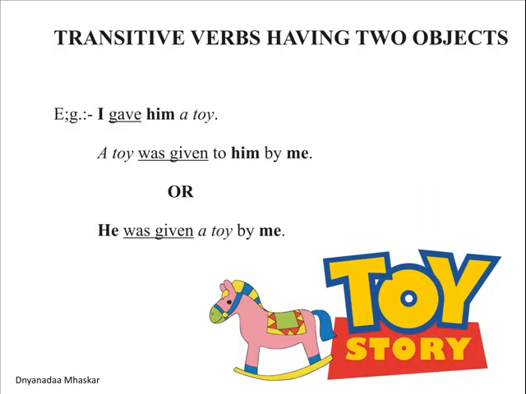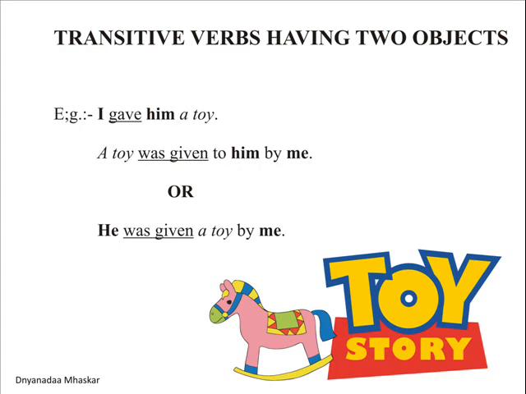There are certain sentences which have two objects. So we are going to see how transitive verbs having two objects can be changed into passive voice. Let us see an example. I gave him a toy. Gave whom? Him. A toy is another object. Him and a toy. And if you remember, when I was teaching you transitive, we had come across this ditransitive, that is where there are two objects.